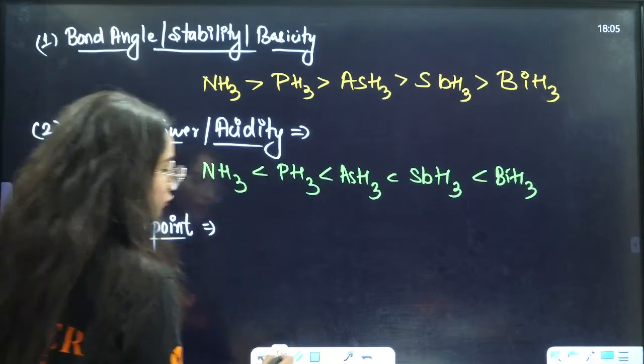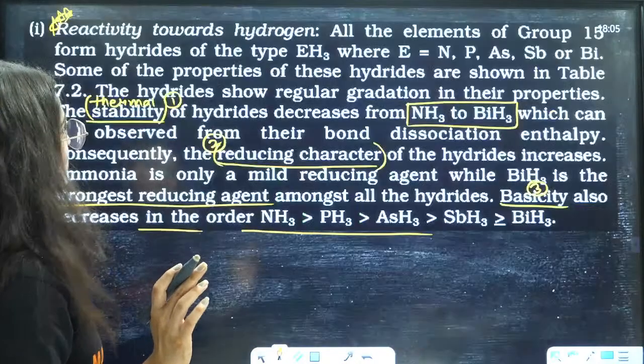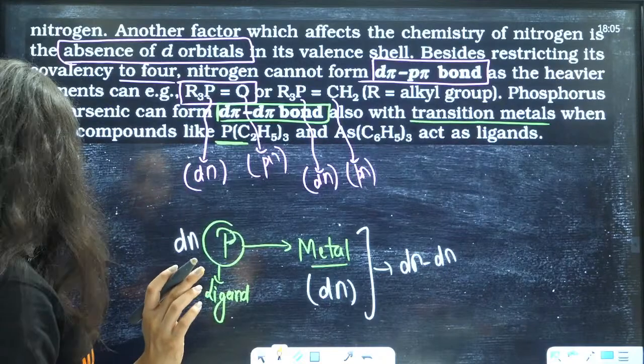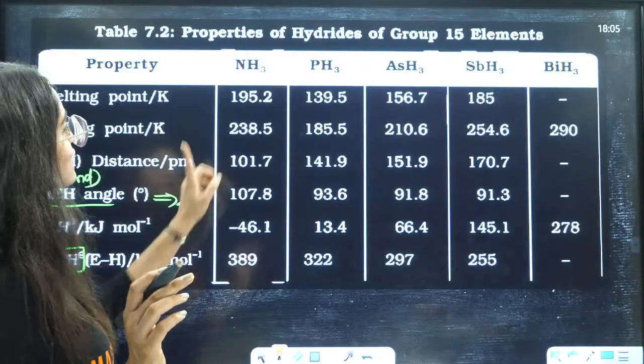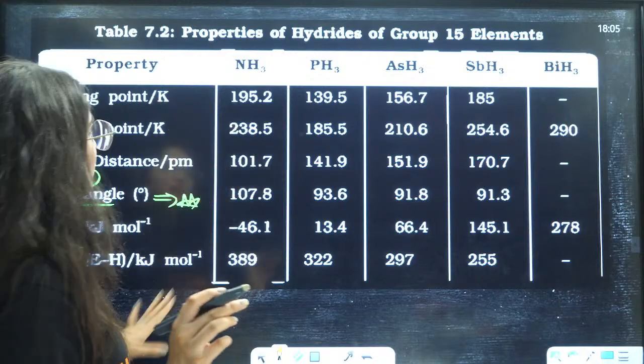Because if we follow Google, you will see different orders. We need to follow what is there in the NCERT, right? We need to follow that thing only, right? So here it is nitrogen, it is very large, then it is decreasing.